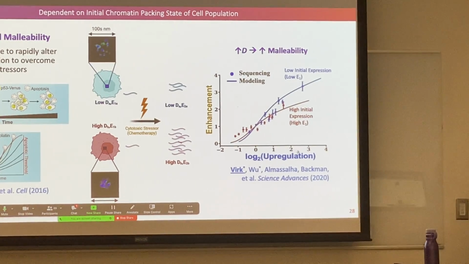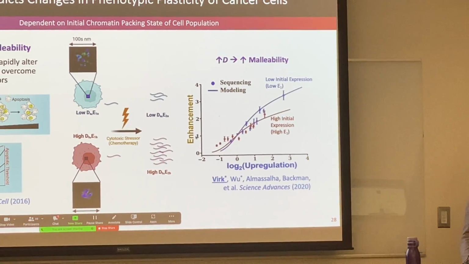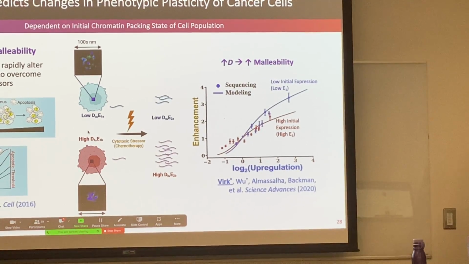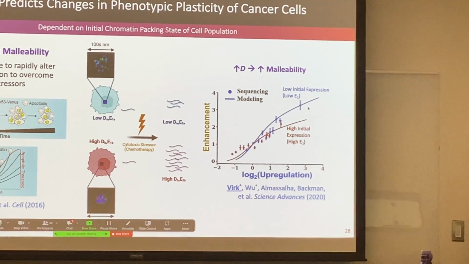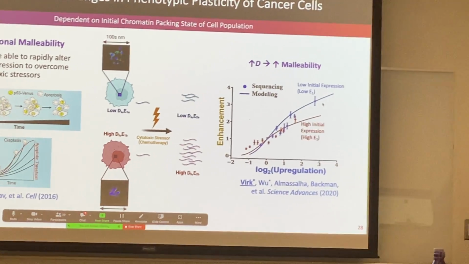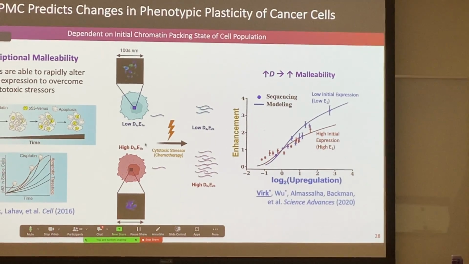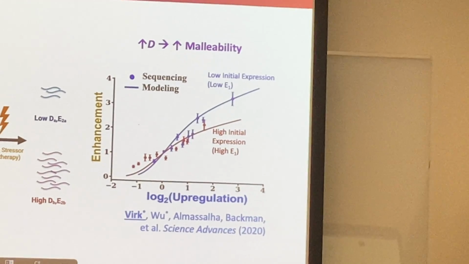Looking at the overall upregulation of the transcripts in response to chemotherapy, you can see that the enhancement due to the higher packing scaling of the high D populations is increased for genes that are the most upregulated. This means, for example, that the most upregulated genes of the high D population are 4-fold more upregulated than in the low D population.